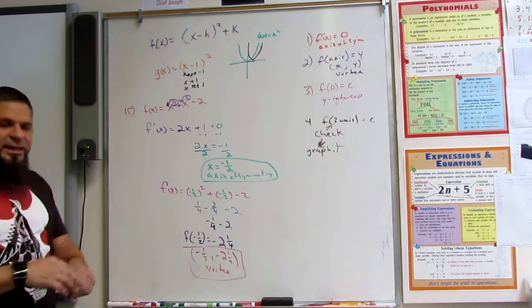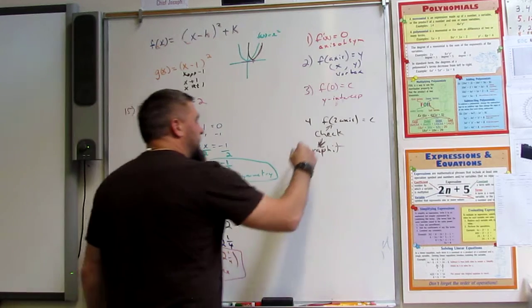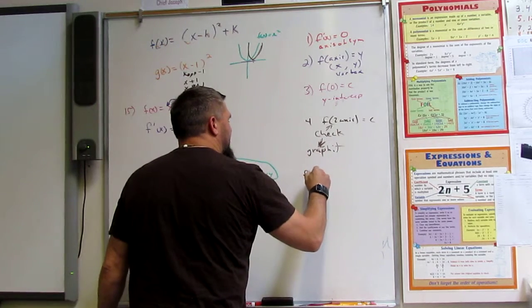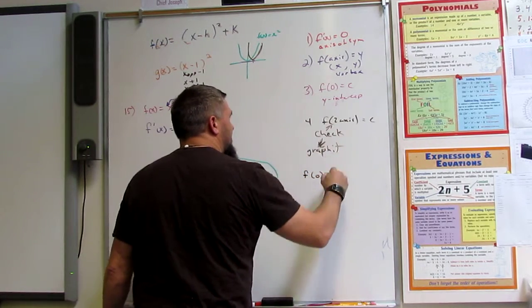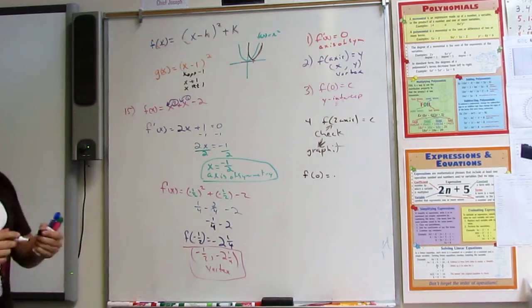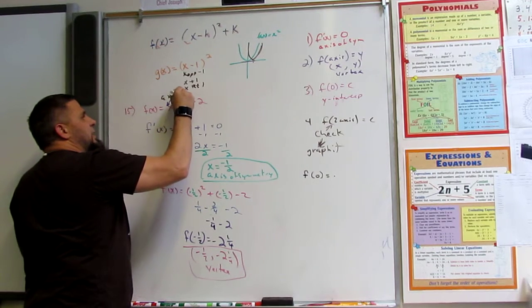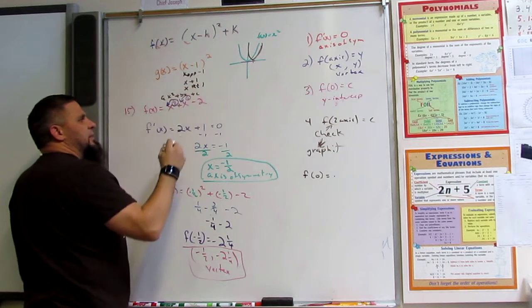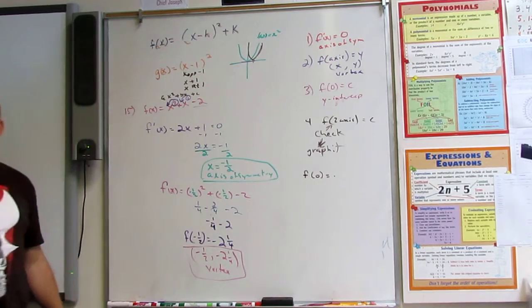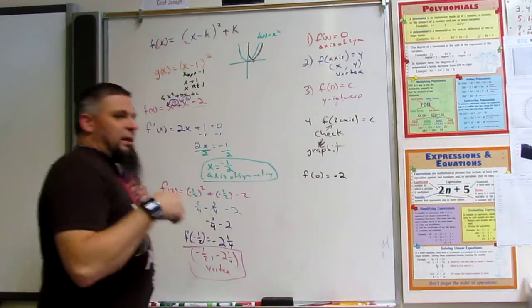Step 3 is the easiest step, right? Step 3 is f of 0 should equal c. And in this case, think of c as in ax squared plus bx plus c, right? So c's right here, it's -2. So f of 0 should be -2. Is it?